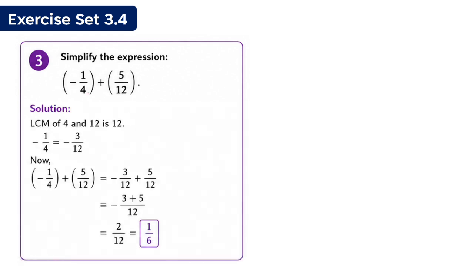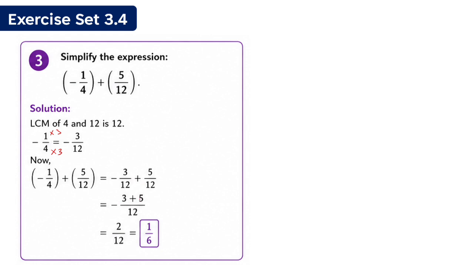So what should I multiply with the first fraction? I have to multiply the first fraction by 3 so that I get the denominator as 12. 4 times 3 is 12 and 1 times 3 is 3. Since this fraction is negative, this is negative. Now I can add these. Since I have a negative fraction and a positive fraction, adding a negative number with a positive eventually results in a subtraction problem.